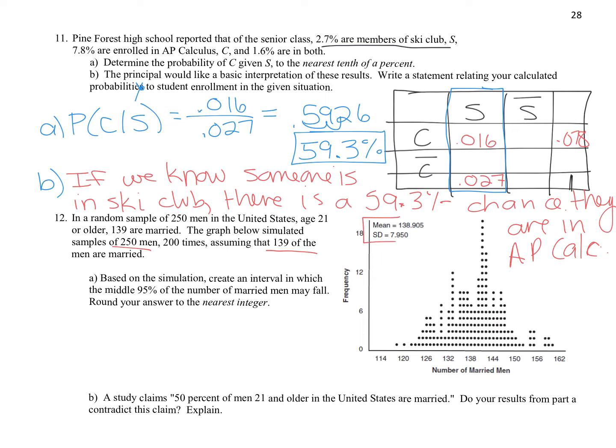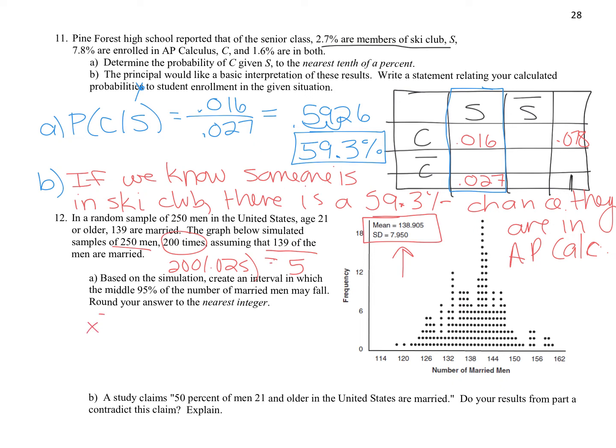Now remember, we could cut dots off the sides, which would involve multiplying the 200 by 0.025. So that would end up cutting about 5 dots off each side, okay? But we know when we have this information, that's the better, more accurate way to do this.